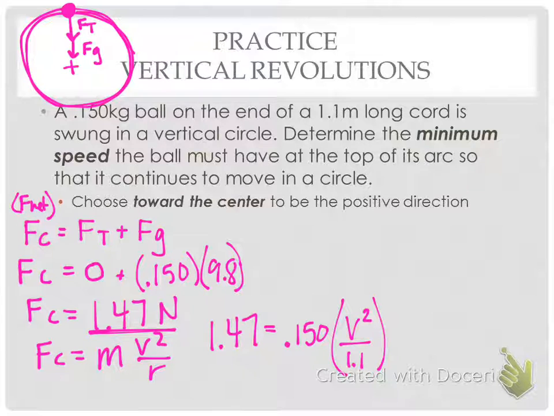I'm going to get rid of that denominator, so I'll multiply by 1.1, cancel it on this side, and multiply this side by 1.1. Then divide by that 0.150 to get it to the other side. Once you do that, you have to get v by itself. How would you go about doing that? Square root it. Good.